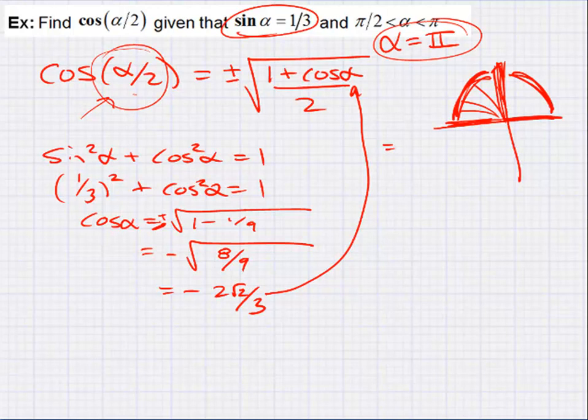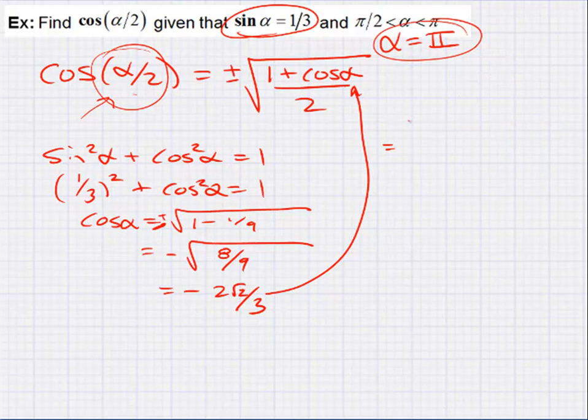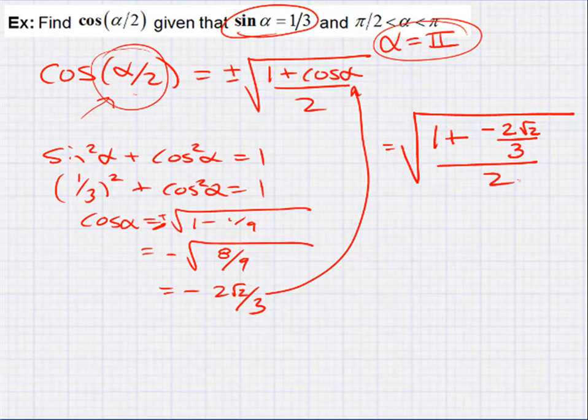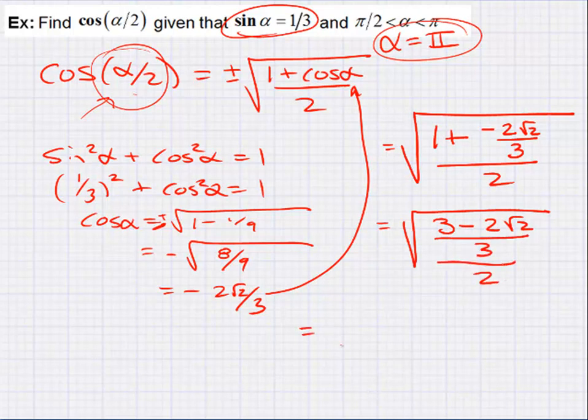So what I'm going to do here is say the positive square root of 1 plus negative 2 root 2 over 3, all over 2, which gives me the square root of 3 minus 2 root 2 over 3 over 2, which gives me the square root of 3 minus 2 root 2 over 6.